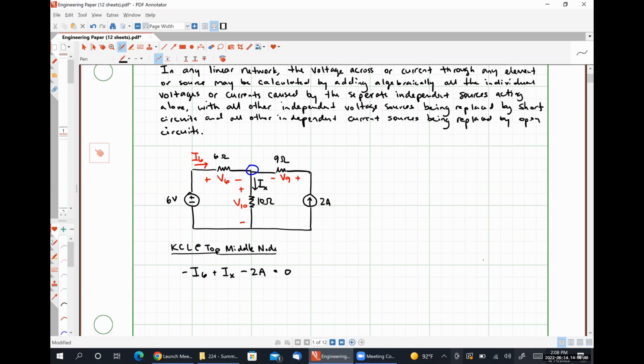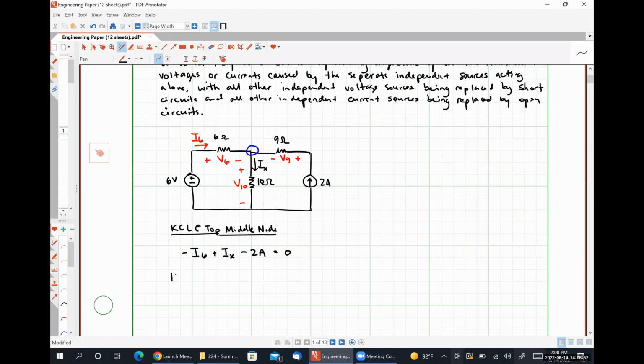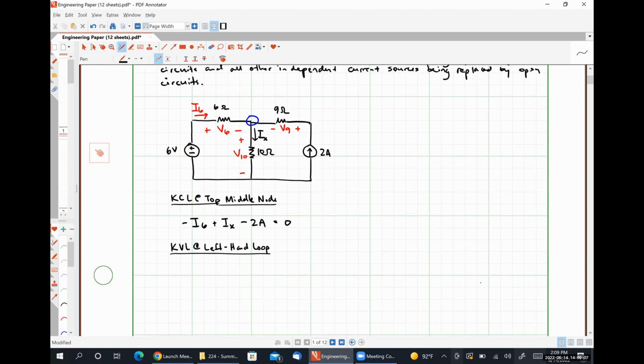And I'm going to write a Kirchhoff's voltage law loop, KVL, around the left-hand loop, which will look like negative 6 volts plus V6 plus V10 is equal to 0.